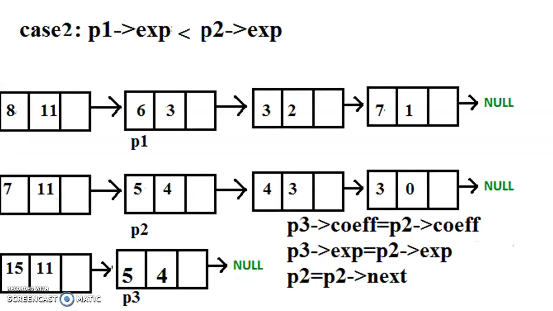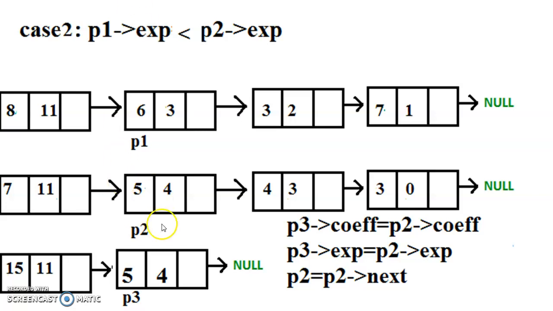And we will see case 2. In case 2, P1 exponent is 3 and P2 exponent is 4. So P1 exponent is less than P2 exponent. In such a case, whichever term has the highest exponent will be placed in the result.